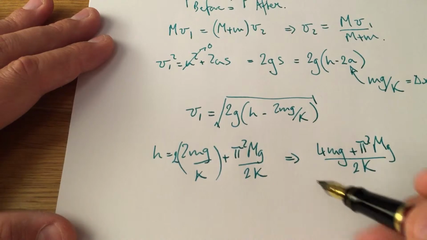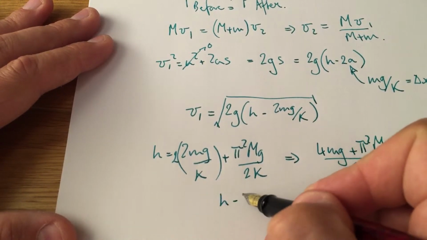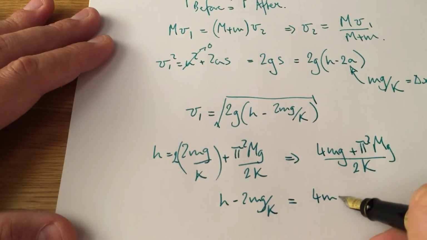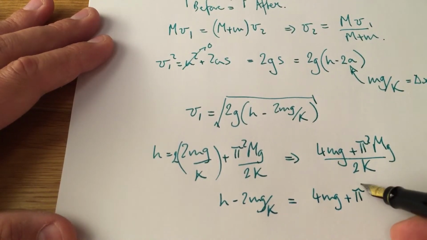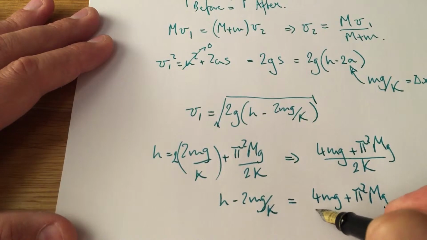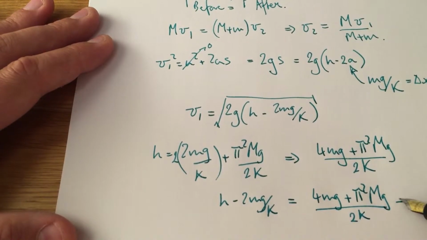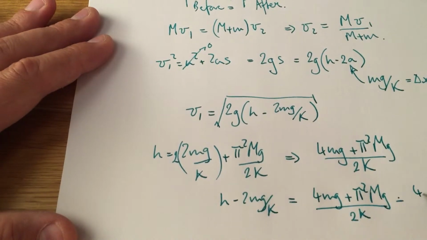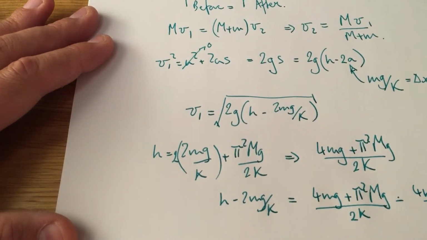That's h. So now h minus 2mg over k gives me 4mg plus pi squared mg over 2k minus 4mg over 2k.